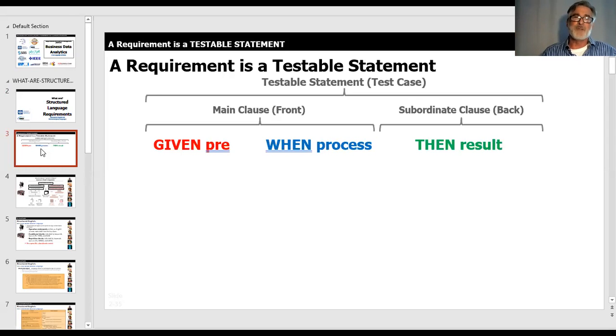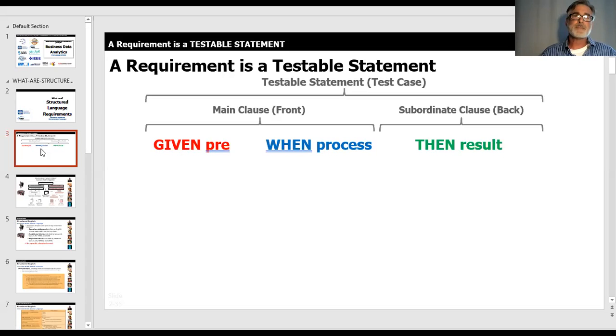If you look at the journey of a requirement, the end before user acceptance testing is the actual testable statement. So I figured I would start there and give you a sense of what we've been dealing with forever in business analysis: ultimately, whatever you start with has to become a testable statement, a test case.